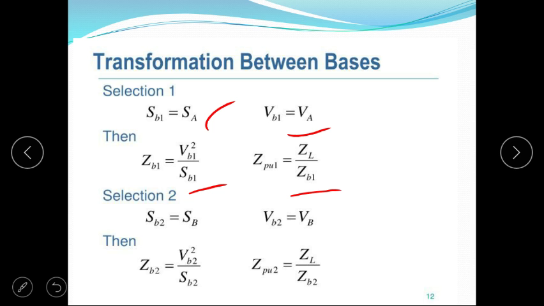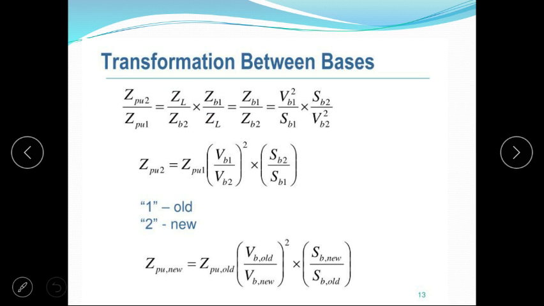Now we calculate on the other base values selected. Let S base 2 is equal to SB, V base 2 is equal to VB. So Z base 2 is equal to V base 2 square upon S base 2, and Z per unit 2 is equal to Z actual upon Z base 2.